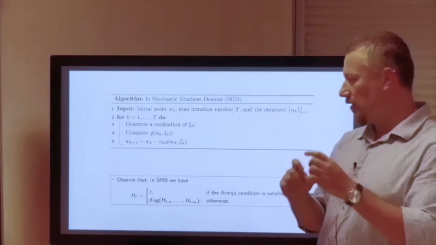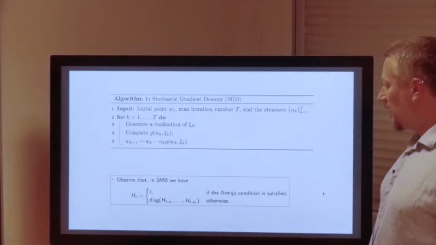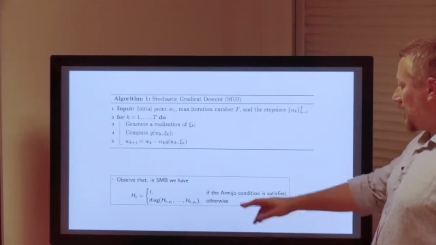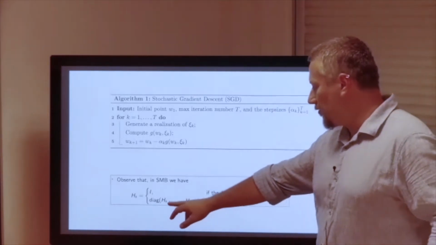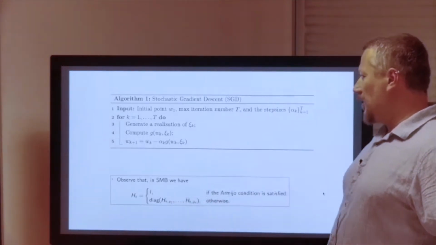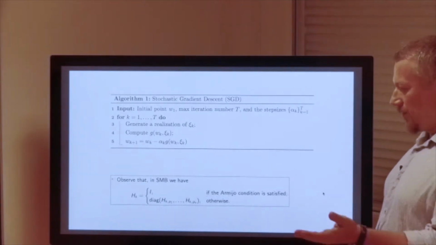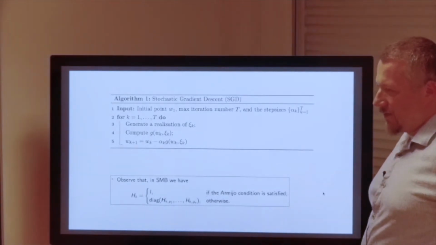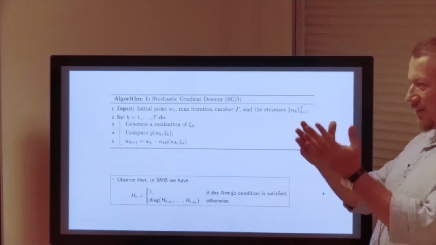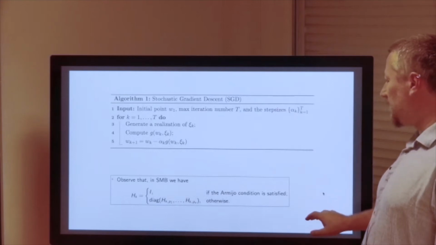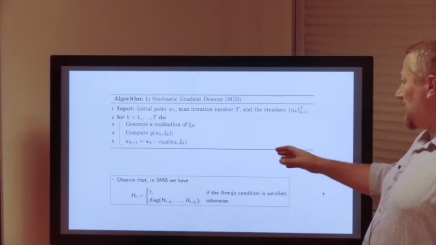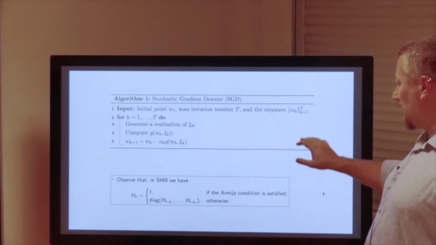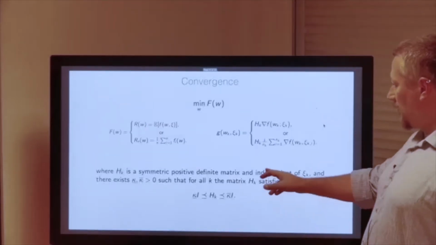Each of these blocks is positive definite. So H_k is either identity or this block diagonal matrix, and it satisfies this positive semi-definite inequality. All right, but in general, let's assume H_k satisfies these conditions here.